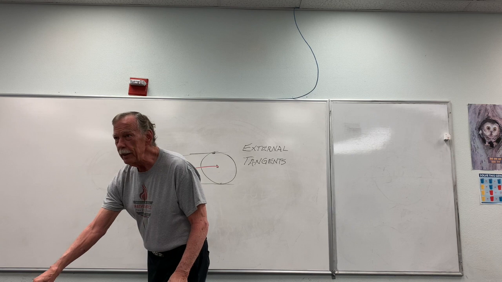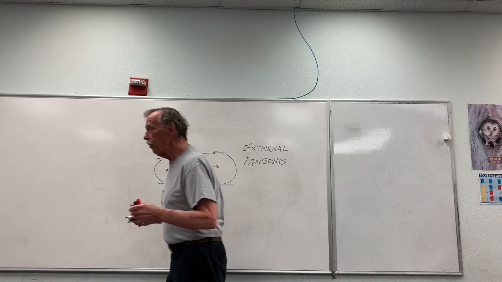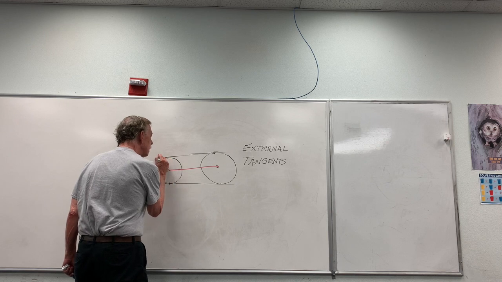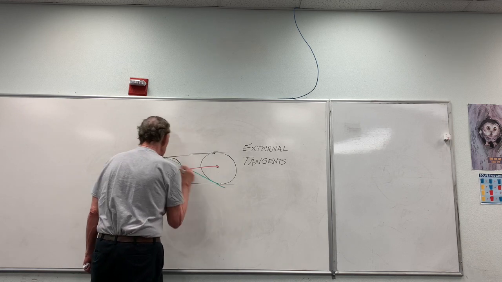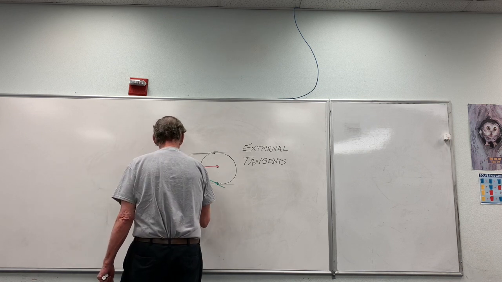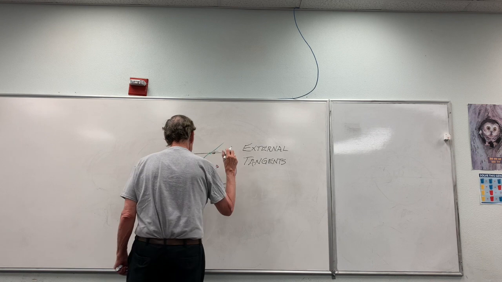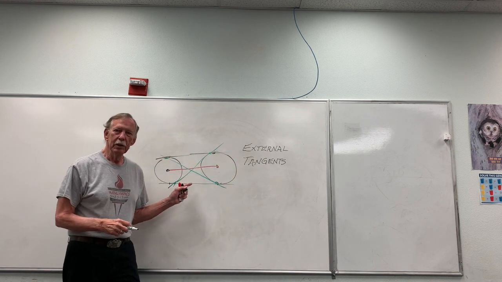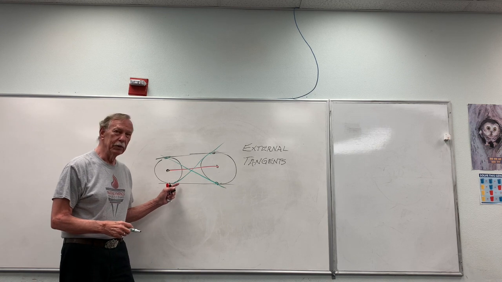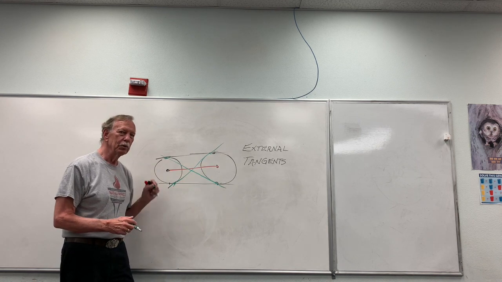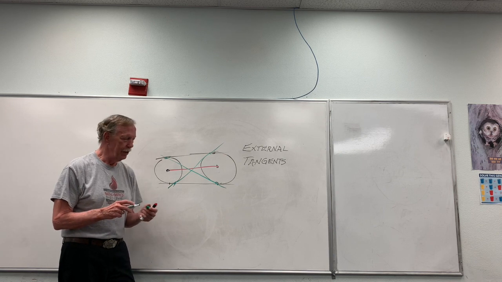We could also have tangents that cut across that red line. Those green tangents are called internal tangents because they cross a line in the center of one circle to the center of the other.